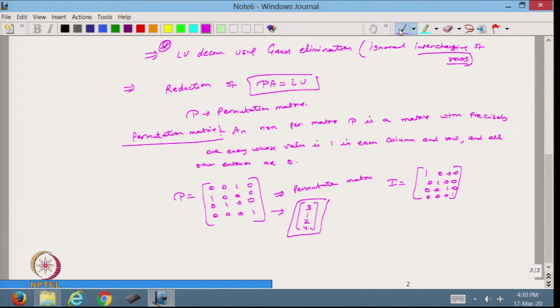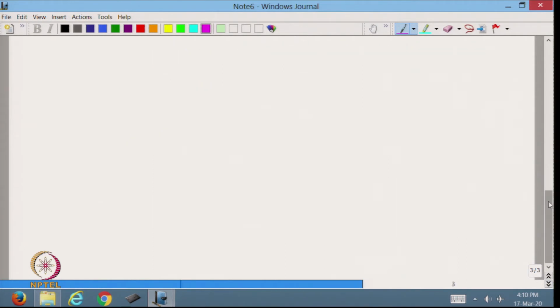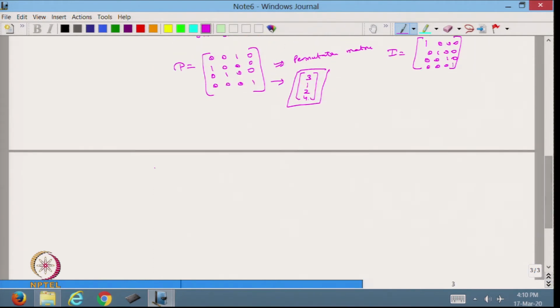So, in this case, what we are doing, now from here I can say that I have a matrix A. Now, I am applying permutation to this and then I am doing the LU decomposition. So, that is called the LU decomposition method.